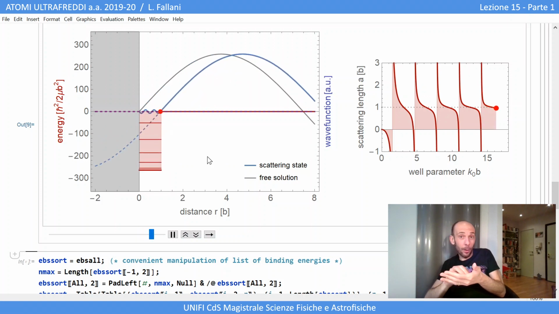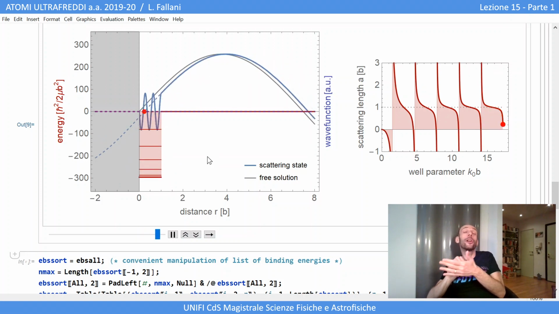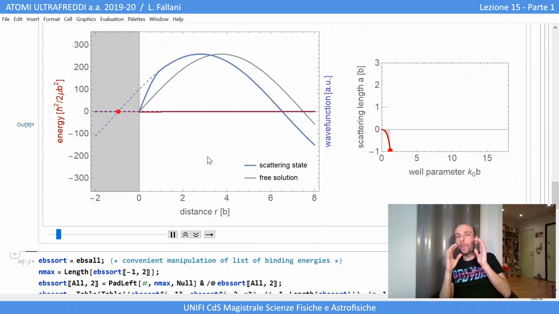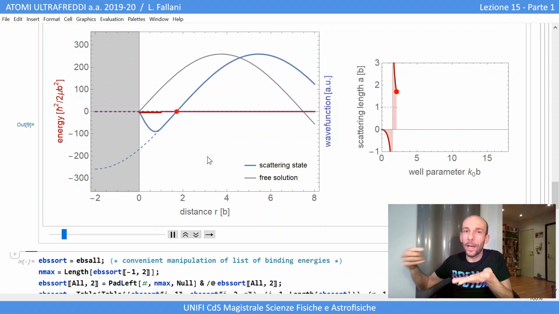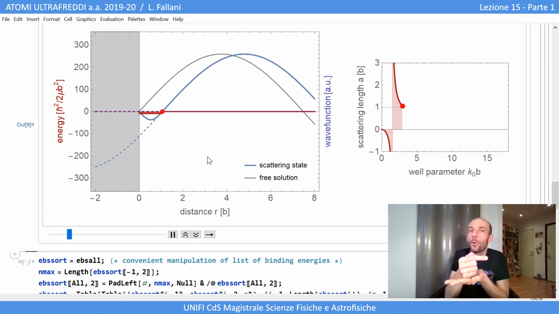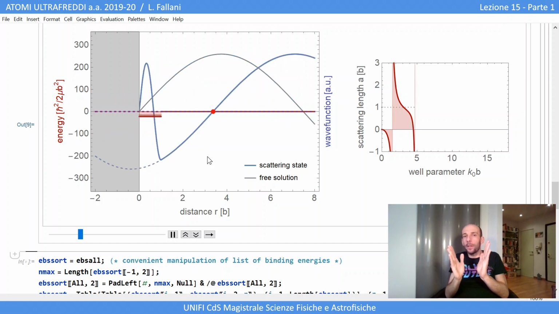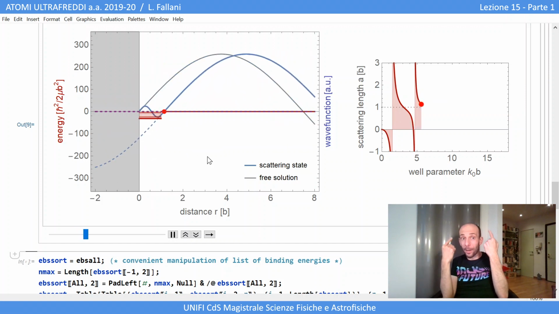And in particular, when this potential well becomes very deep, basically your wave function cannot enter the well. This is what we call a quantum reflection. So a well can reflect a wave in the same way that a potential barrier can.